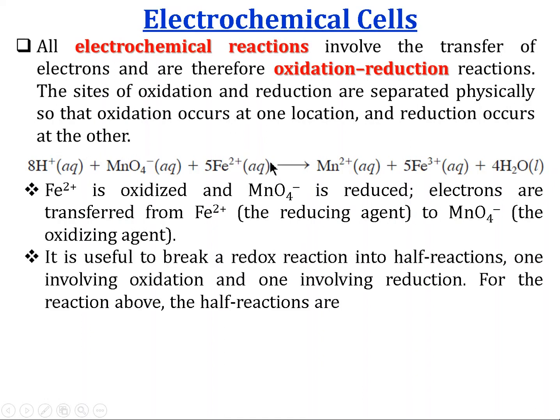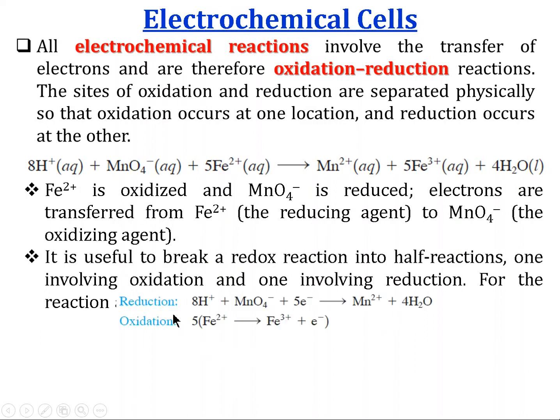If we want to realize an electrochemical reaction that produces electricity from this reaction, we have to break this redox reaction into half reactions, one involving the oxidation and the second the reduction. The half reactions that can be written are, the reduction: MnO4 minus gains 5 electrons in acidic medium and is transformed to Mn2 plus.